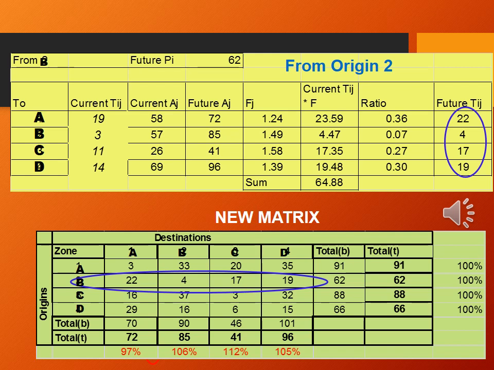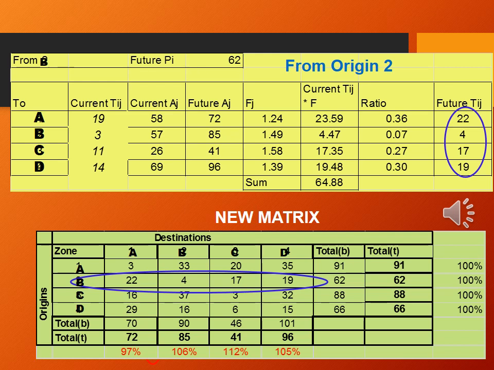So similarly, row B or destination B is then parlayed into its own little table, and we keep the total base and the total future destinations as before, and we take row B and multiply it by this factor that we create to get the new current Tij times factor.